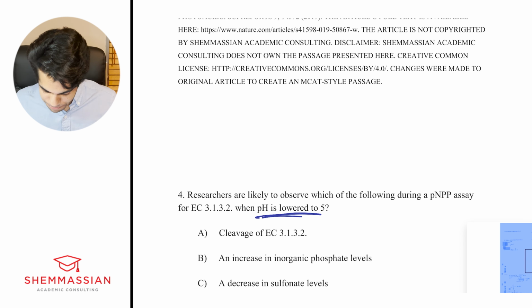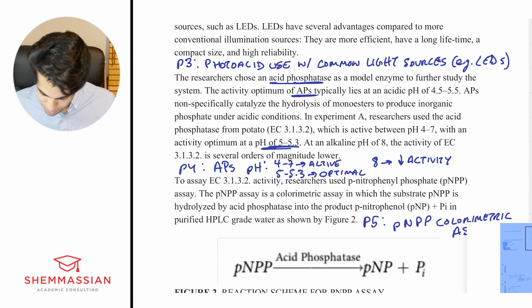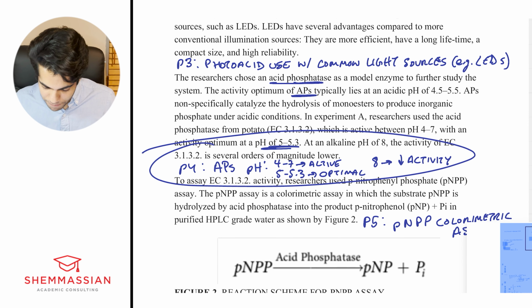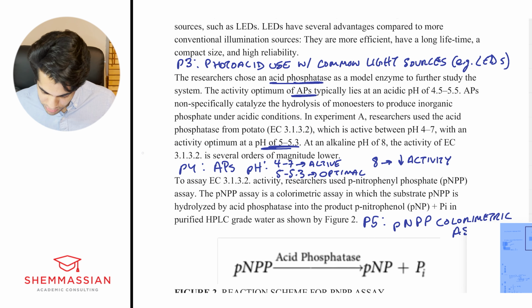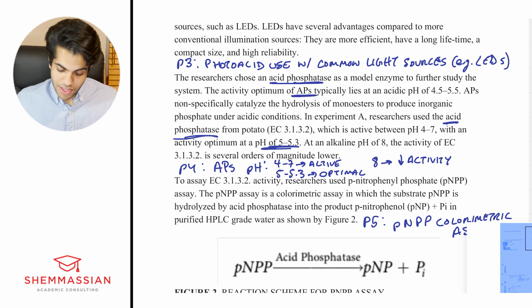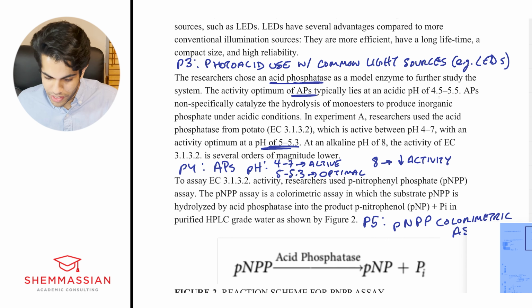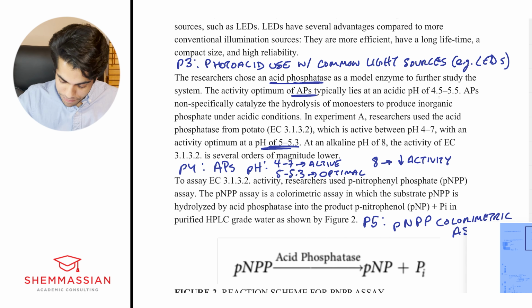So we had put that acid phosphatases usually have some sort of optimal activity in the 4.5 to 5.5 range, and they specifically tell us for the acid phosphatase from potato, which is EC 3.1.3.2, it has an activity optimum at a pH of 5 to 5.3. So right there, which we had written in our outline.